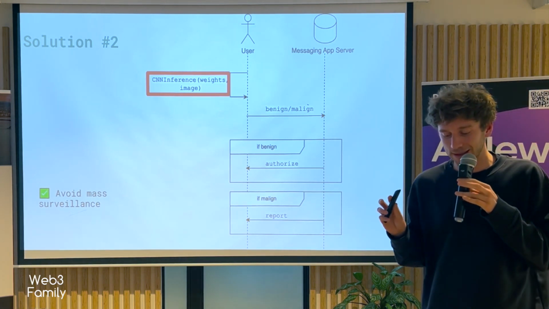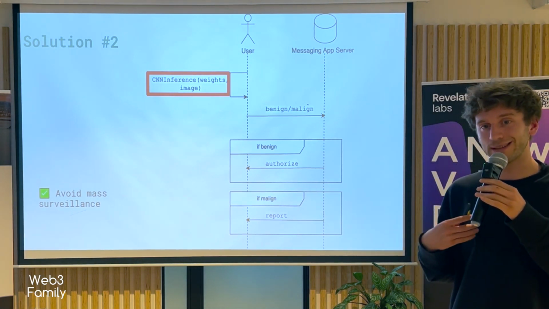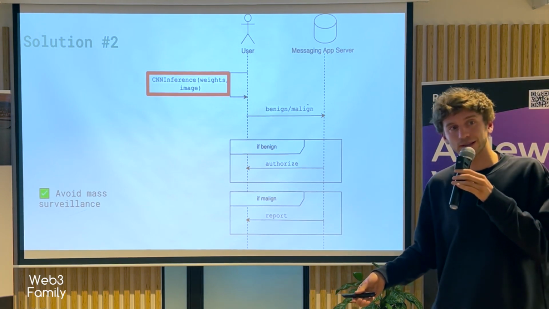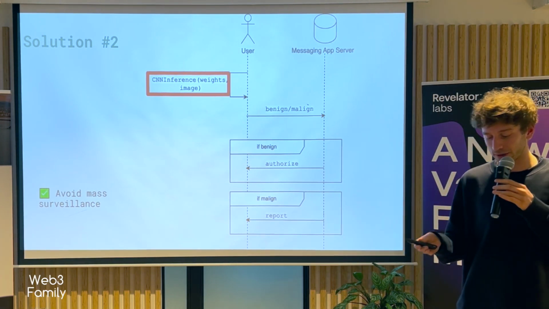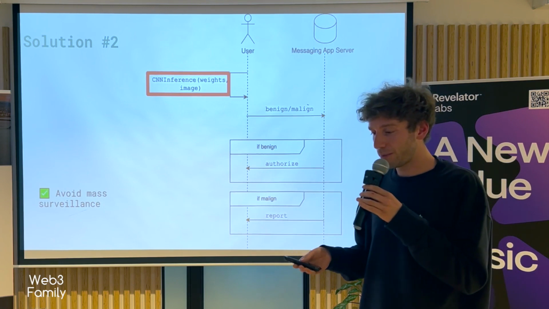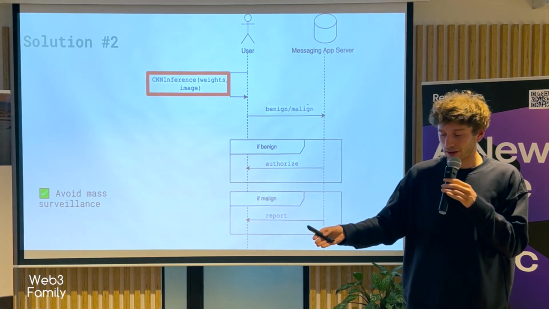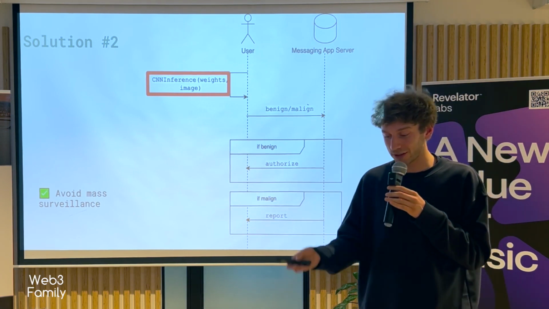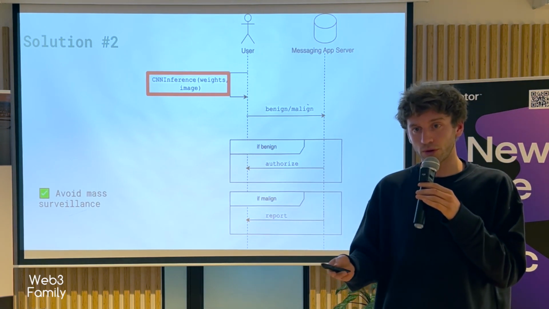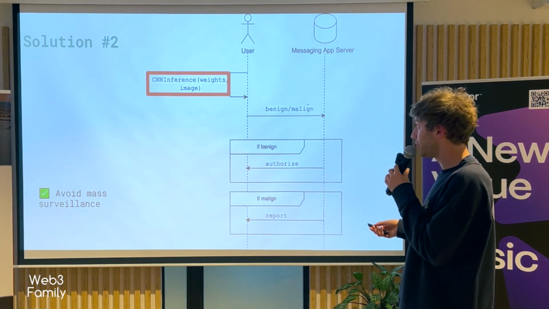In this design, the assumption is that the inference is run locally by the user. When we say locally, we mean outside of the messaging app, and outside of the messaging app means that the messaging app doesn't have any control over this computation being run.